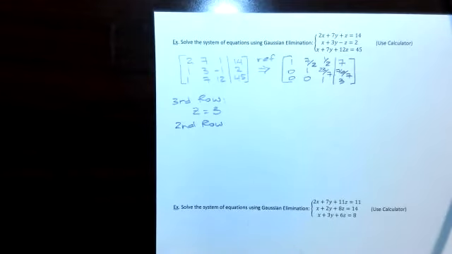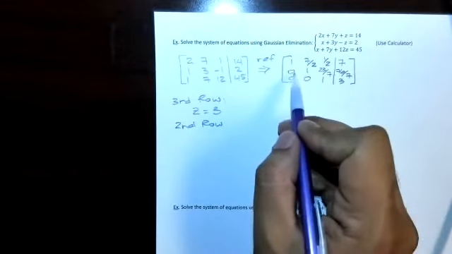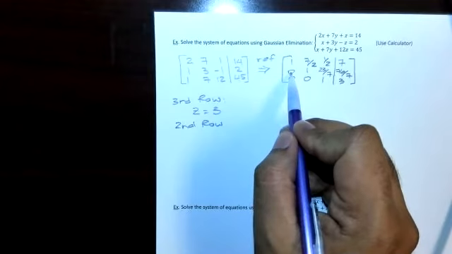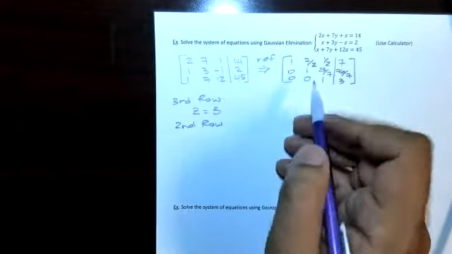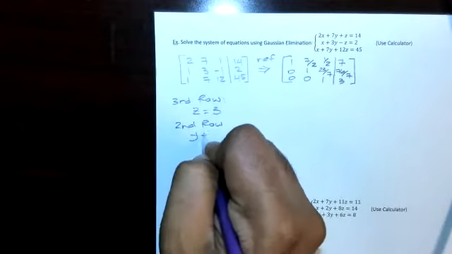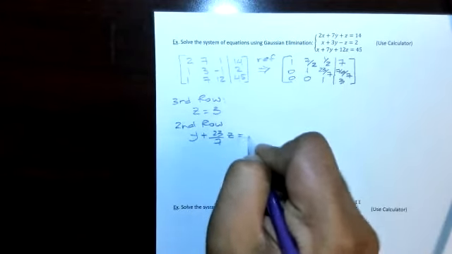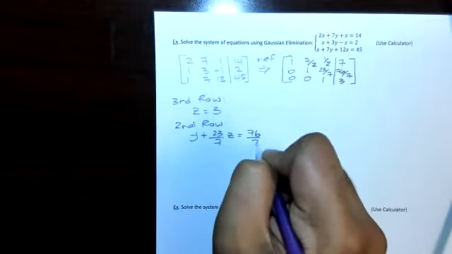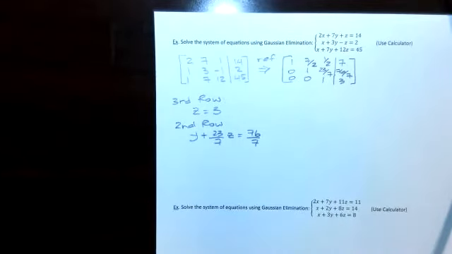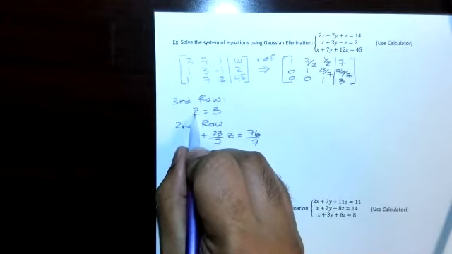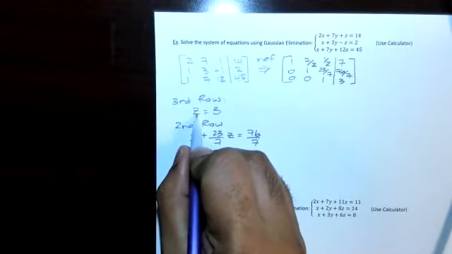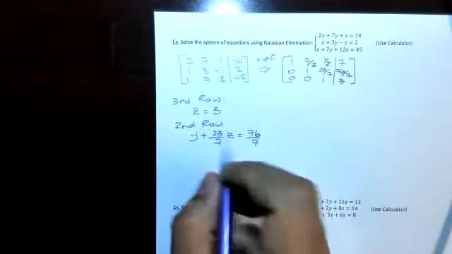Now, using the second row, the entries are 0, 1, 23 over 7, 76 over 7. If I write that as an equation, there is a 0, so that's 0x, and then 1y, so it's y plus 23 over 7z equals 76 over 7. I already figured out the value of z, so I'm going to plug it in for z.